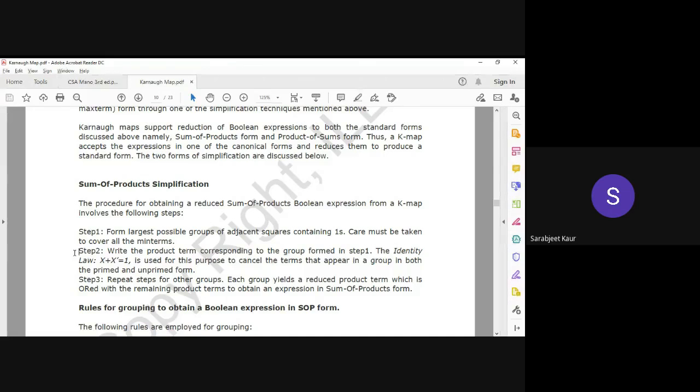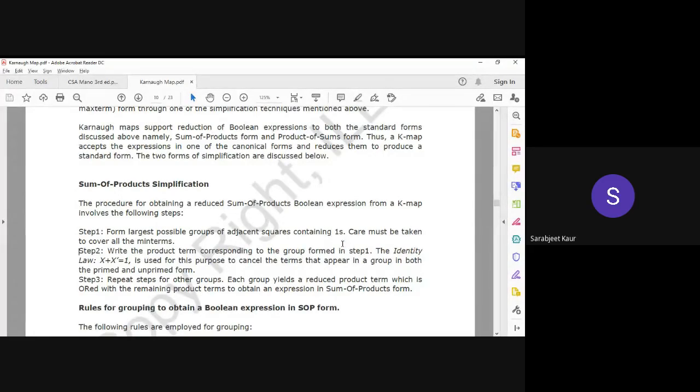What we want to do is reduce it and come to a simplified expression. So for each minterm, we put a 1 in the squares, we group them, and now for each group I am going to write down a reduced Boolean AND term in my answer.